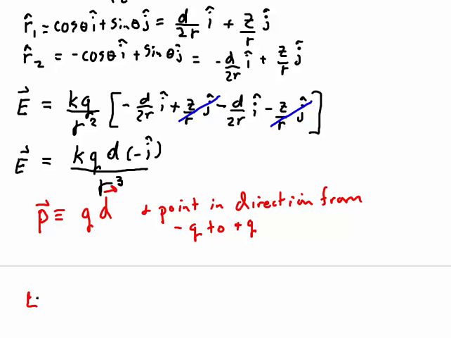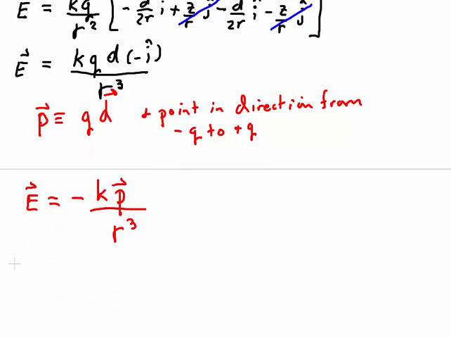So our formula now can be written more compactly as minus k p vector over R cubed. Now what is p? p has a name. It's called the dipole moment.